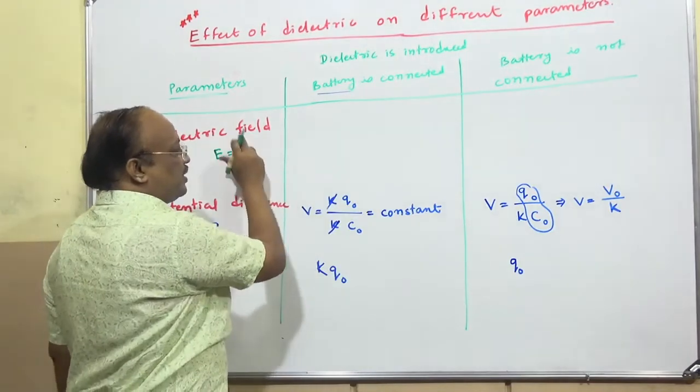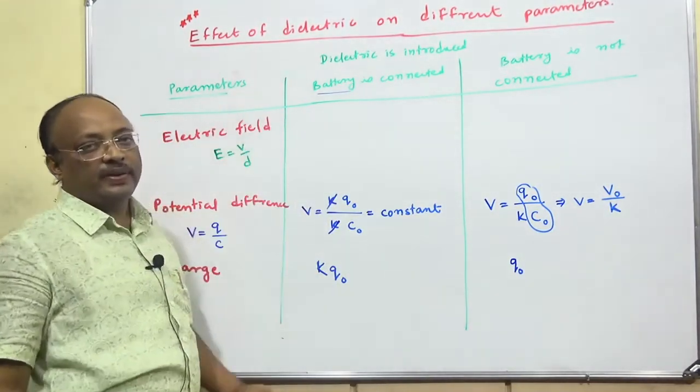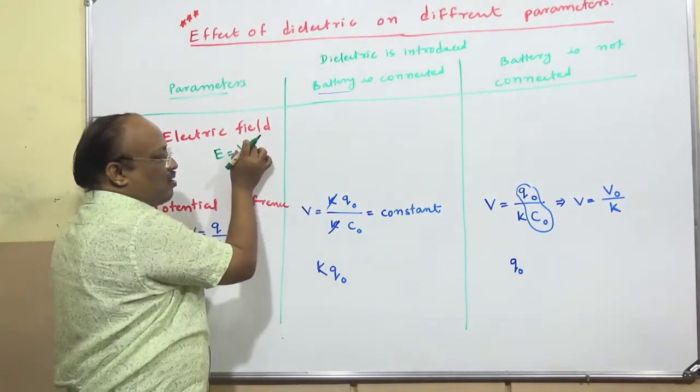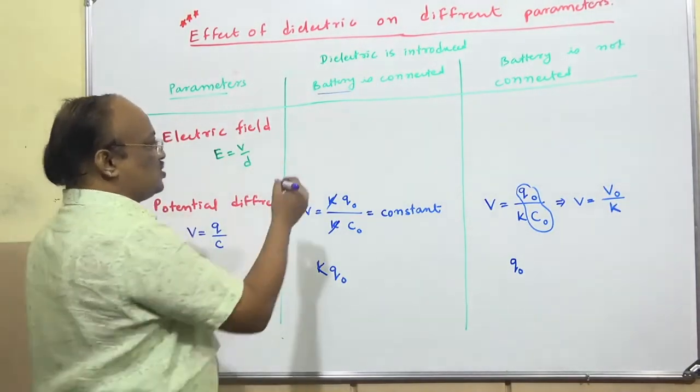Potential difference remains constant. D you are not changing. D remains same. So V is remaining constant and D also same. So because of that, what happens?